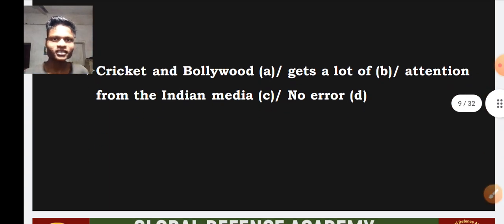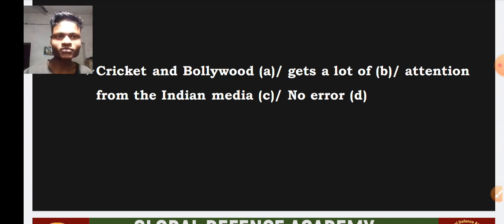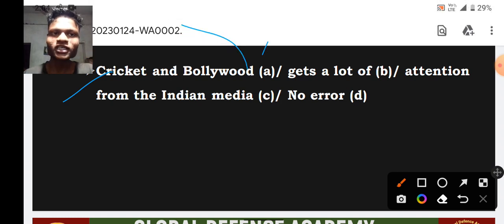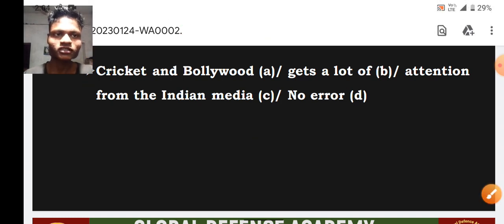And here is another question given to you. Cricket and Bollywood gets a lot of attention from the Indian media. Here cricket is one game, and Bollywood is something else.